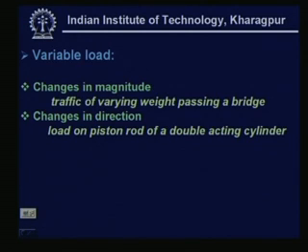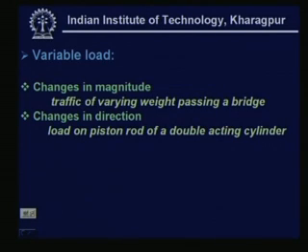Onto the bridge, changes are continuously taking place. One car is passing, then another car is passing. So the bridge is not acted upon by a single magnitude; the point of application of the load is changing, and the magnitude of the load is changing, because different vehicles have different weights. This is what we understand as change in magnitude.